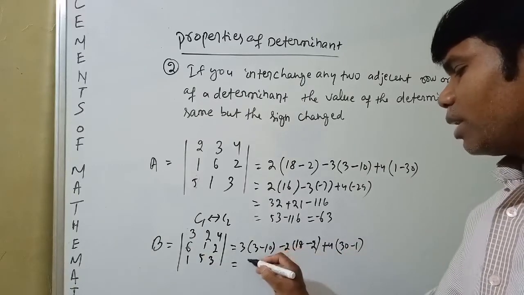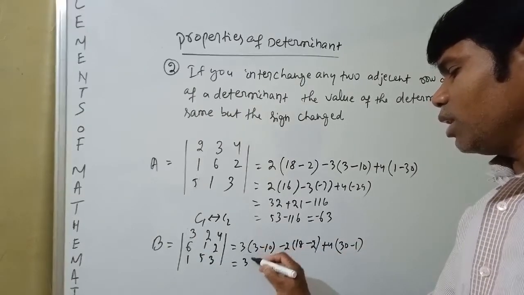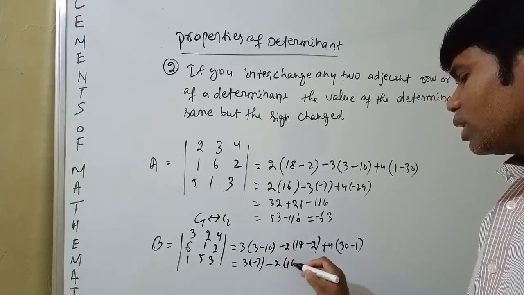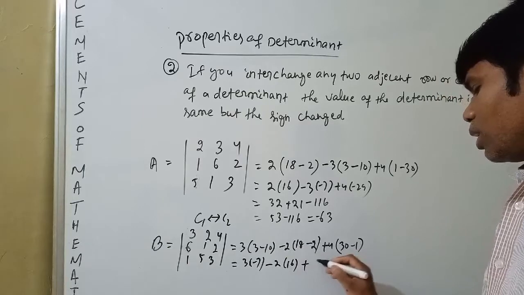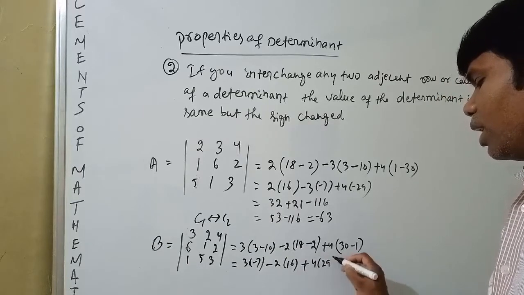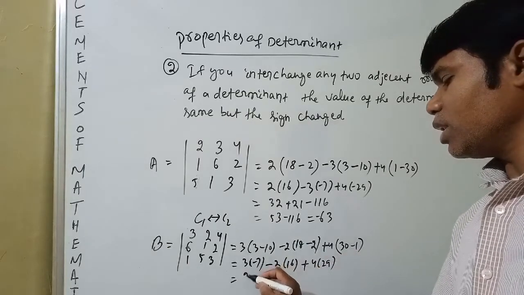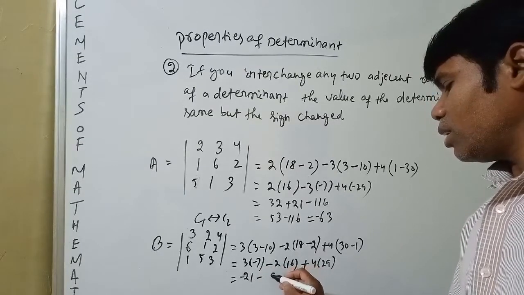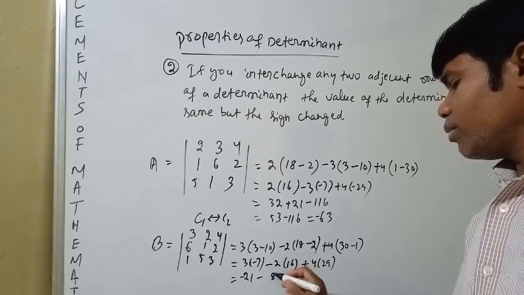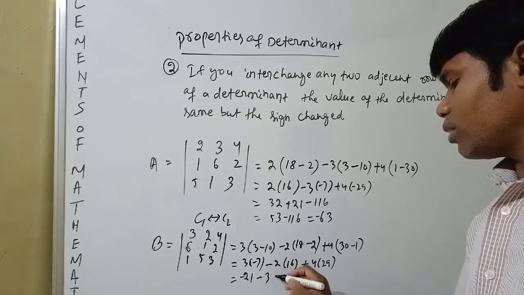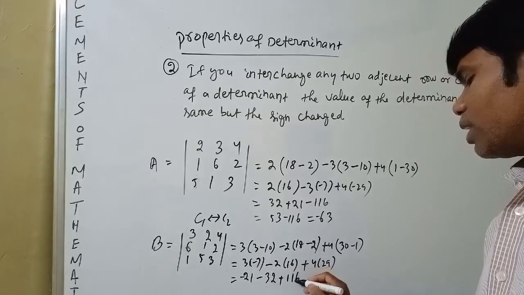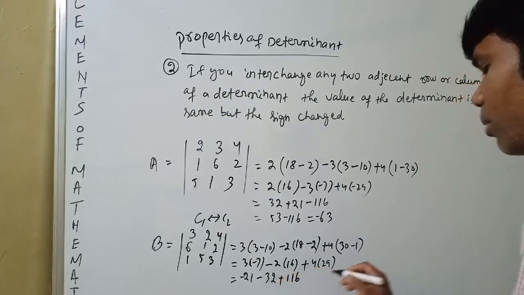This is minus 7, this is 3 into minus 7, minus 2 into 16 plus 4 into 29 is equal to, you see, this is minus 21, this is minus 32, this is minus 32 plus 116. Okay, this is equal to how much?